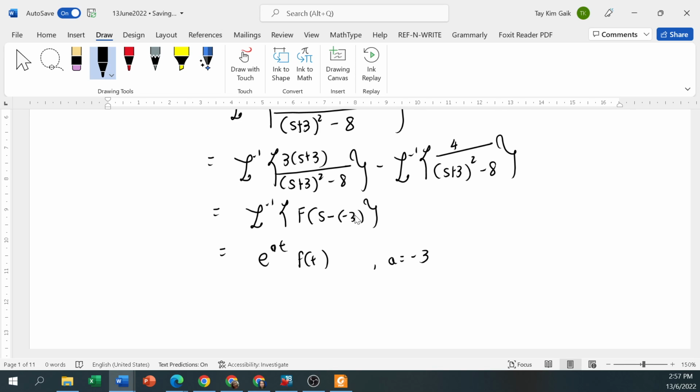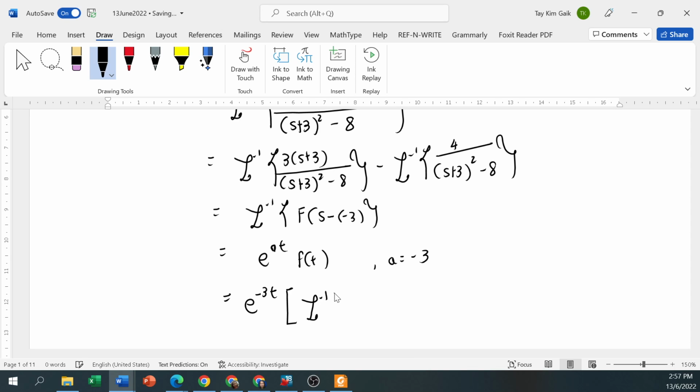Comparing with F(s minus a), a is actually negative 3. Hence the answer should have the term e to the negative 3t, where f(t) is the inverse Laplace of F(s).